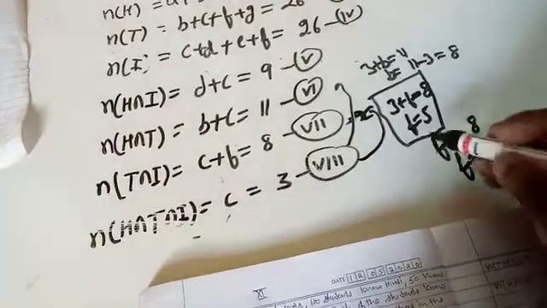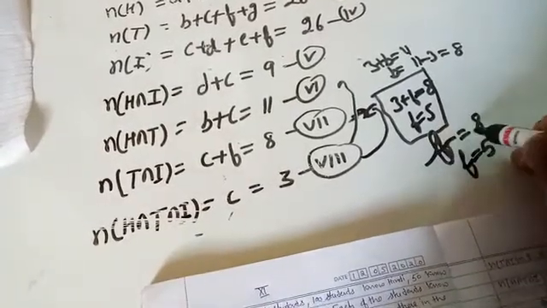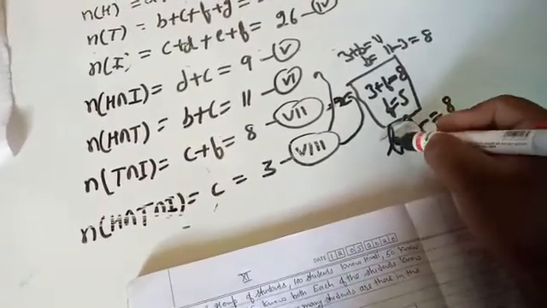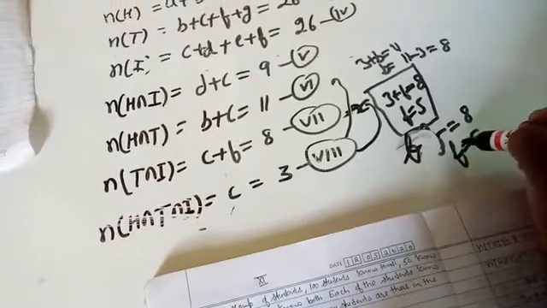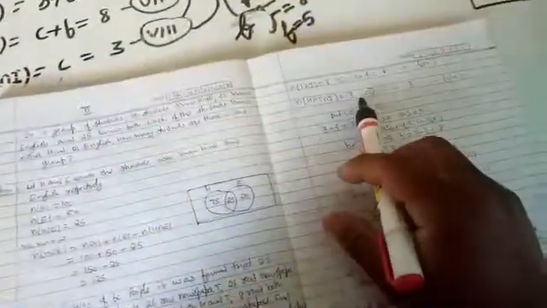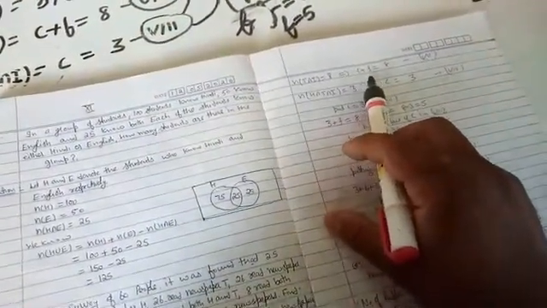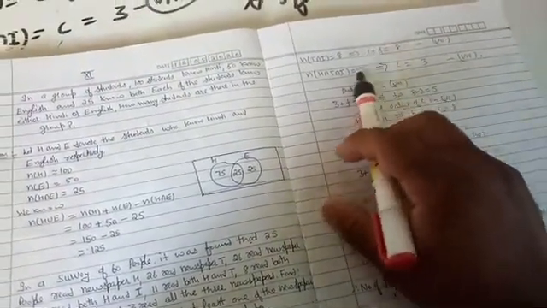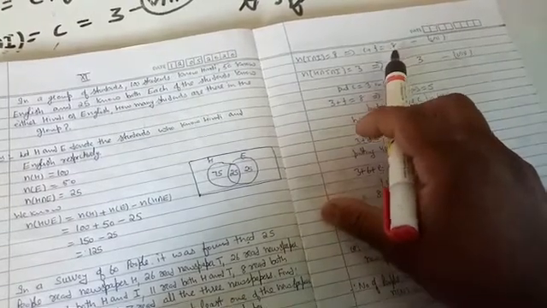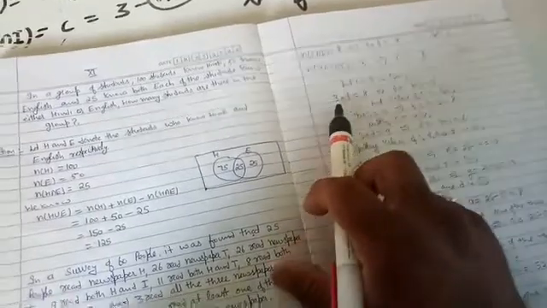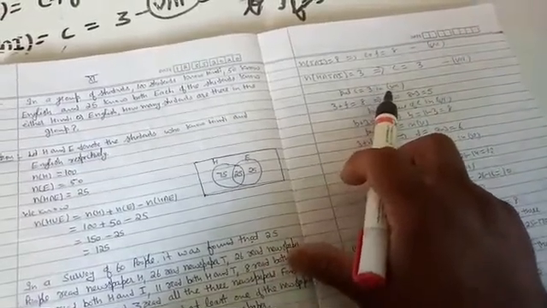Now we have the values of B and F. If you put these values in this equation, C plus F is 8, F is 5, so C plus 5 is equal to 8 and C is equal to 8 minus 5, that is 3.